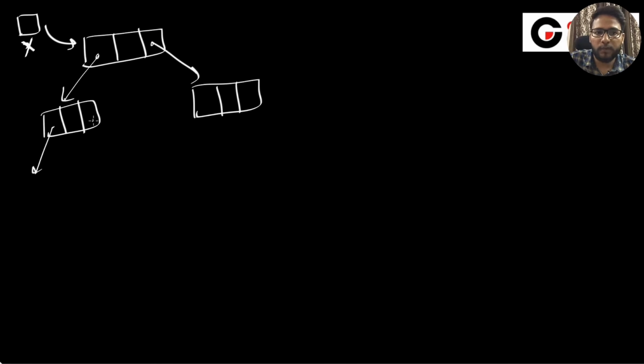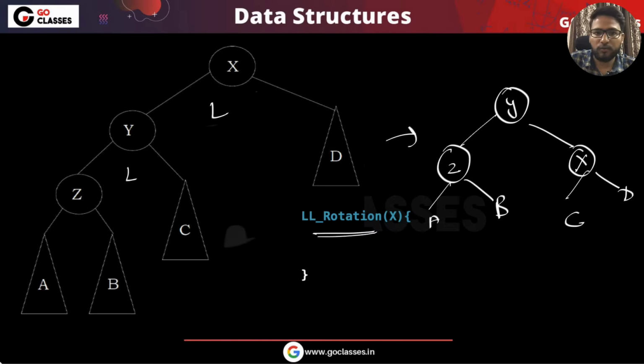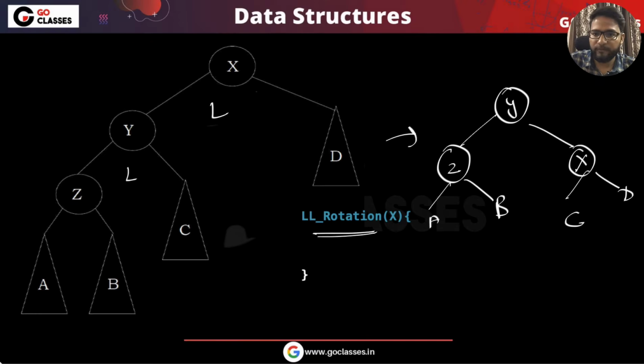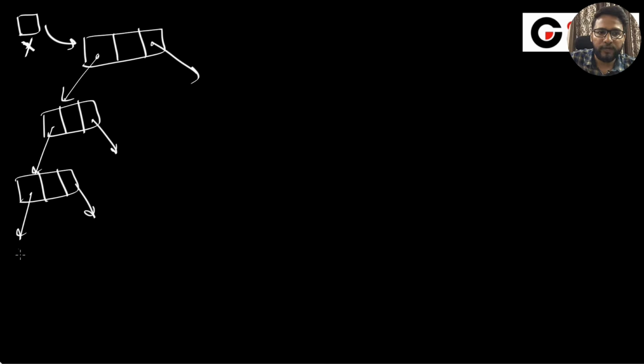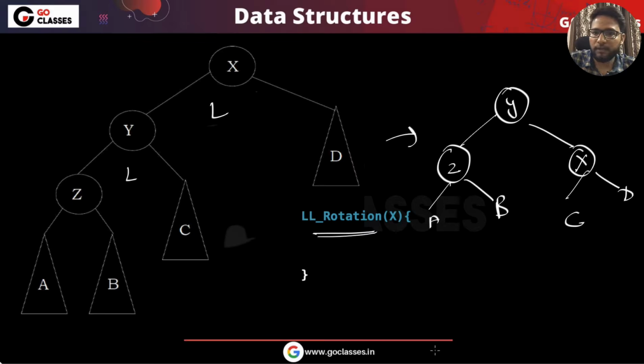Here it is pointing to z, and then this is pointing to something, and this is directly pointing to something which is D. So it is pointing to A, B, D, and C. This is how my current structure looks. I am converting this to something where this is y, and y is pointing to z and x.